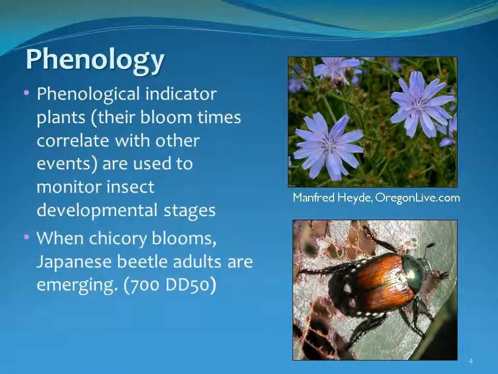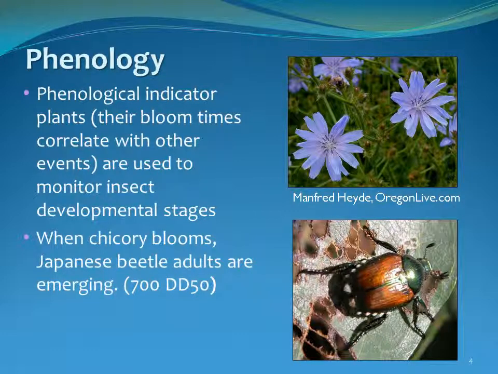Here's an example of a phenological indicator. So the Japanese beetles are going to be coming out soon. Usually we see them somewhere between the 23rd of June and the 1st of July. But sometimes it's a little earlier or sometimes it's a little later. But if you remember to look for the chicory blooming alongside the roads, that beautiful kind of cornflower blue flower, about the time that that starts to show up, you should start looking for Japanese beetle adults.